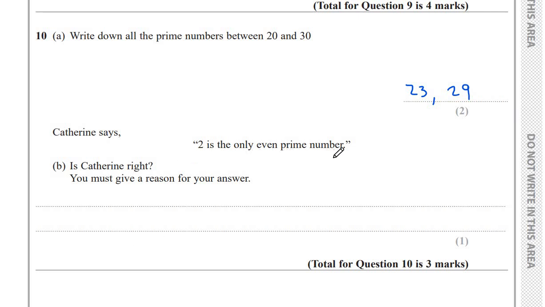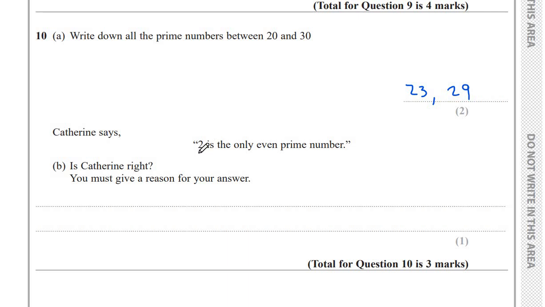2 is the only even prime number. Is Catherine right? Yes, she is. Well, all the other even numbers like 4, 6, 8, 10, etc., they all have a factor of 2. So these numbers cannot be prime.